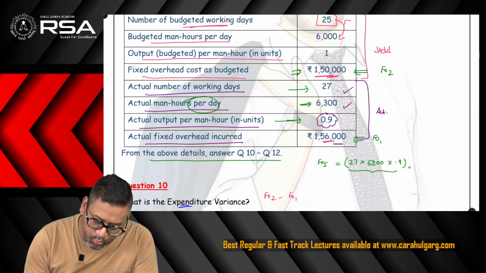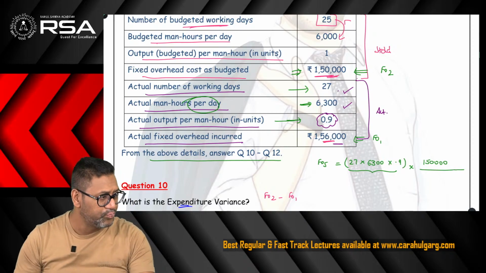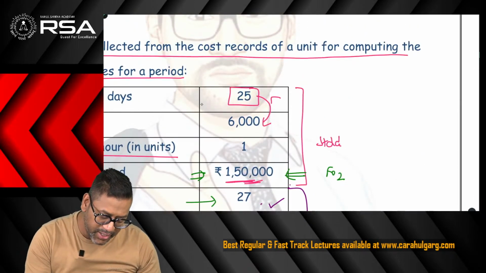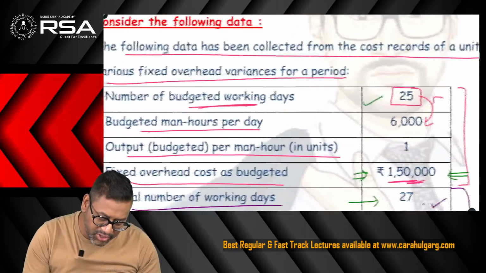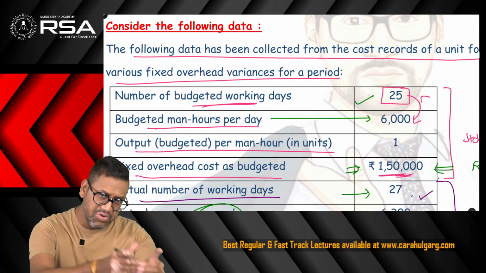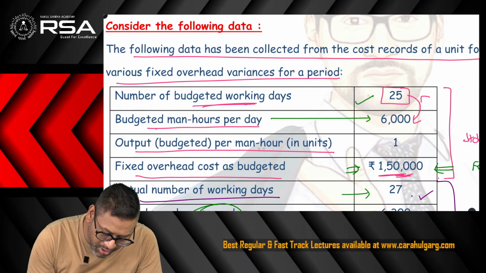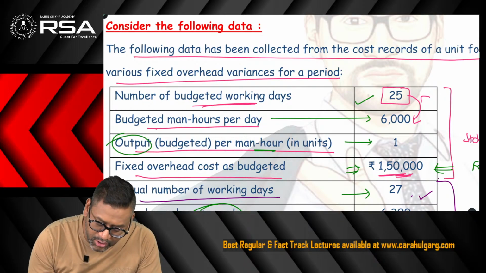So actual output multiplied by budgeted fixed overheads divided by budgeted output, you have to do. What is the budgeted output? So you had to work for 25 days. In one day you had to work for 6,000 hours. So 25 multiply by 6,000, you get total hours in the month, and then for 1 hour you could have produced 1 unit.